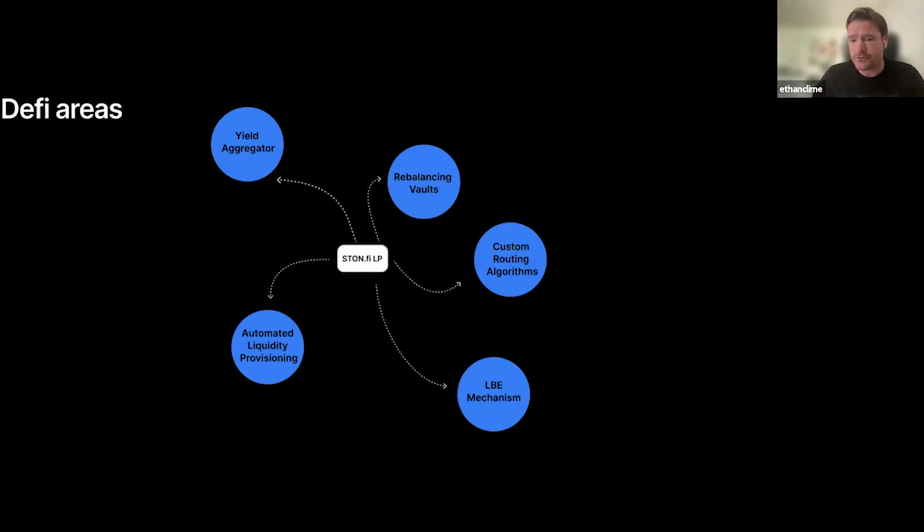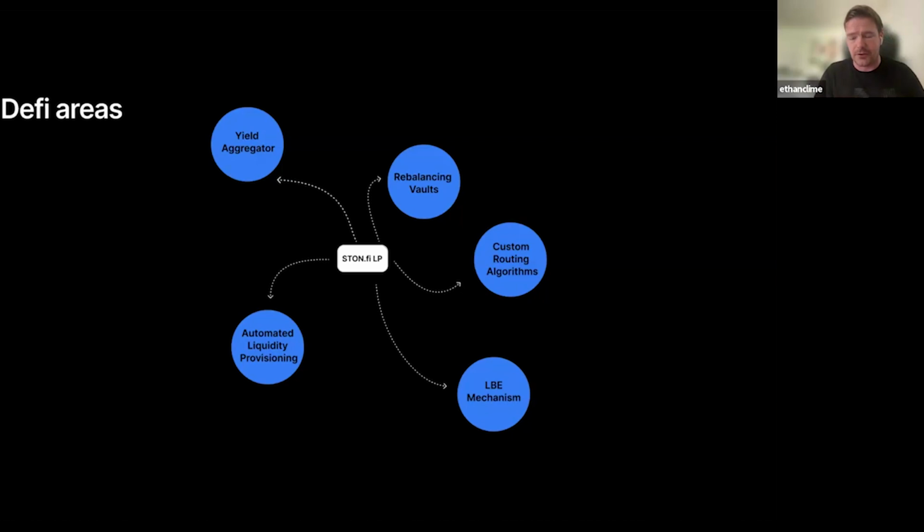There are also rebalancing vaults. That's an example with farming or incentive programs, where when a user puts into liquidity, you could build a smart contract that can actually reinvest the farming rewards back into the pool. So your APR increases because you slowly are increasing the amount of funds in the pool.